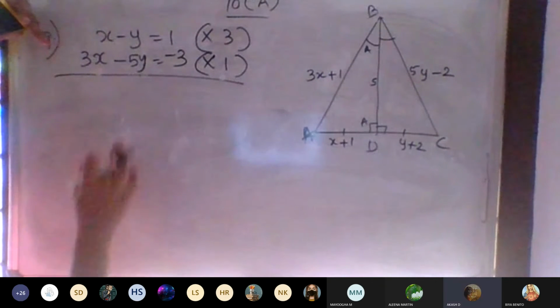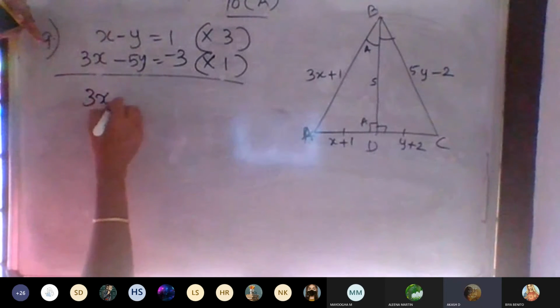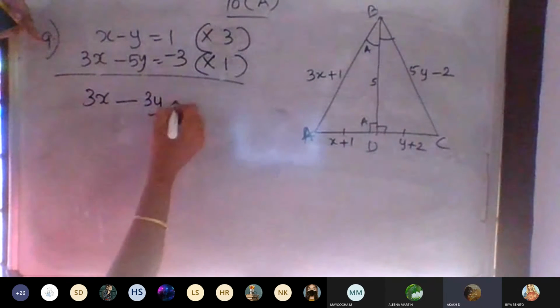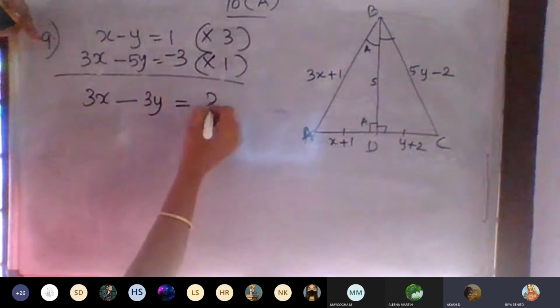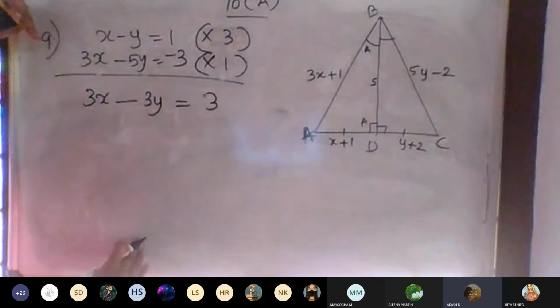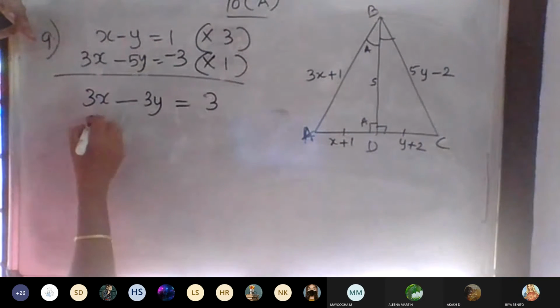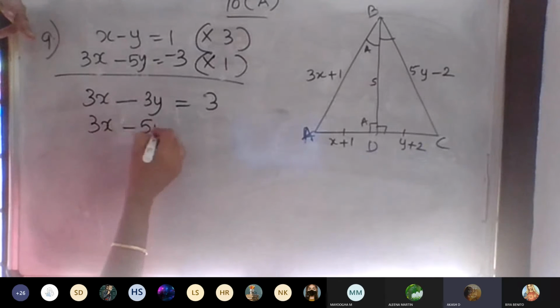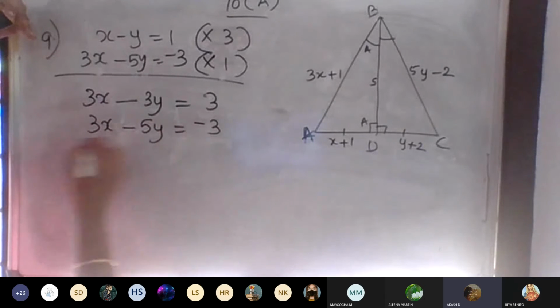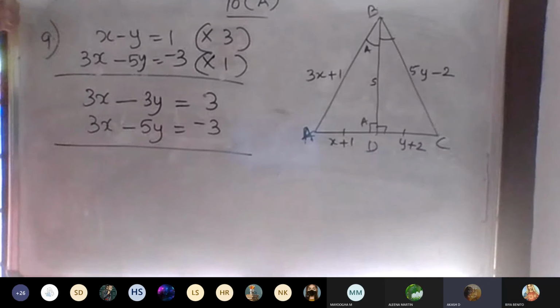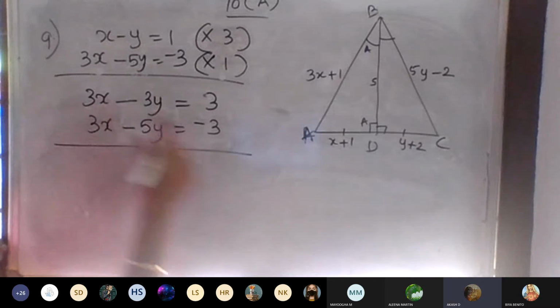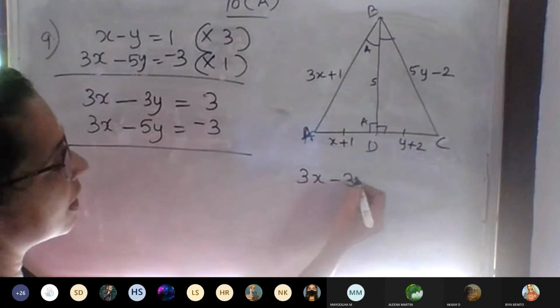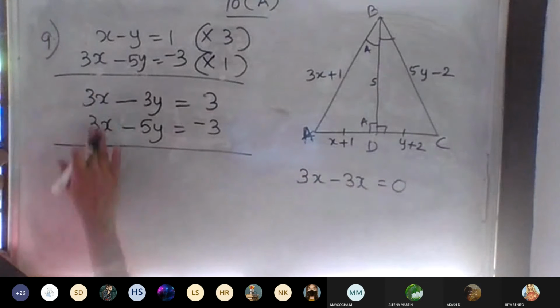So 3x minus 3y is equal to 3, multiplying both sides by 3. And 3x minus 5y is equal to negative 3. Now subtract in the working column. 3x minus 3x is equal to 0, so no need of writing this part.